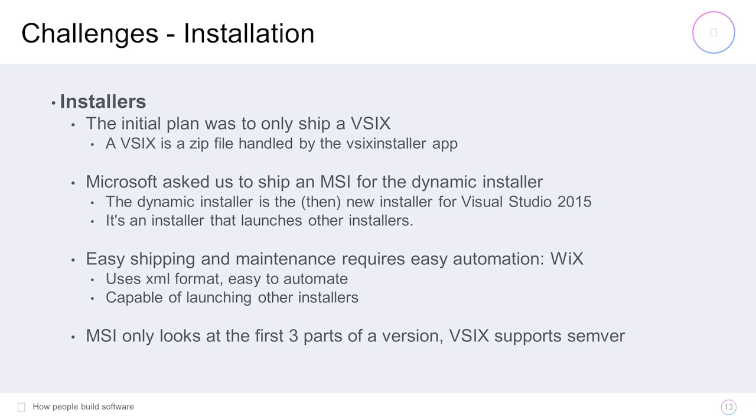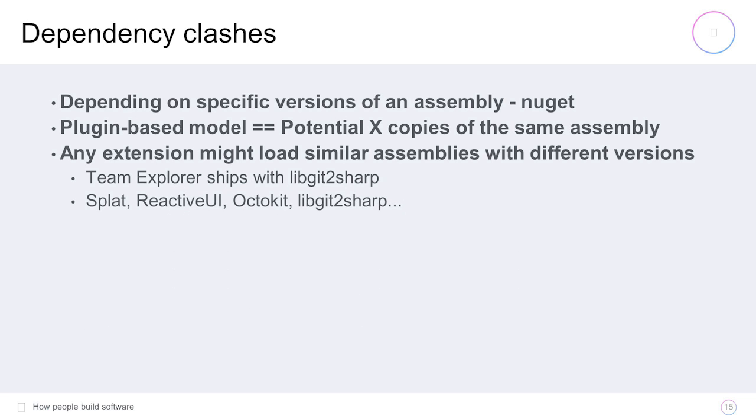The things that we didn't know about were, as we worked on the code, the problems of running an extension in Visual Studio. In Visual Studio everything is loaded in one app domain, so any dependency that you load may potentially already be loaded in the process, so you might or might not get the dependency that you were expecting.